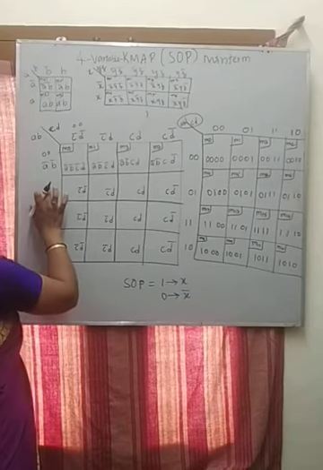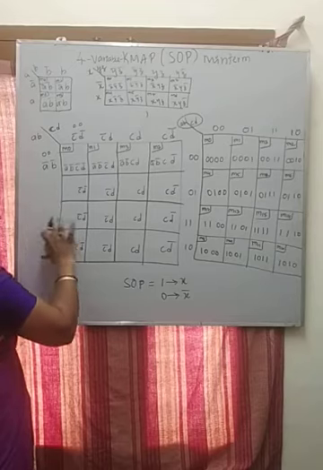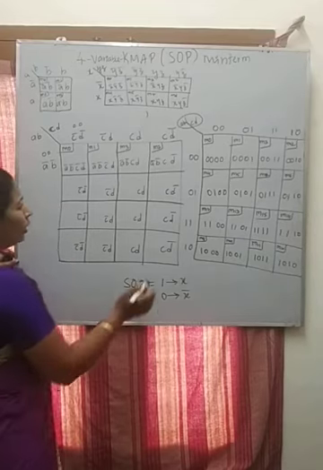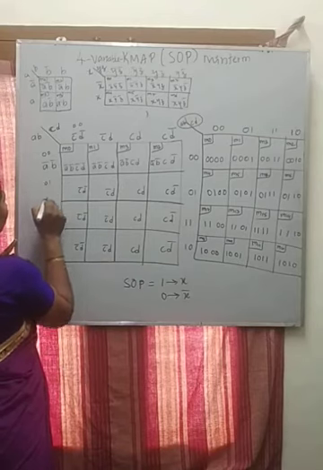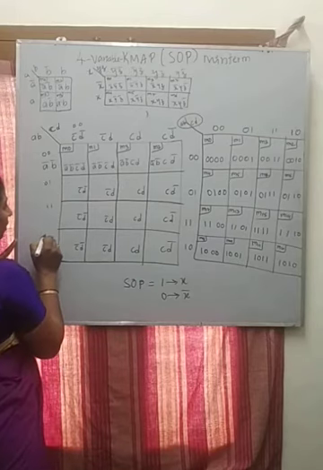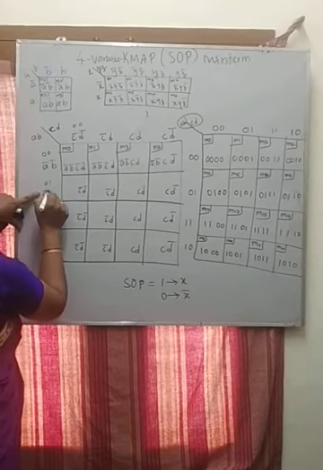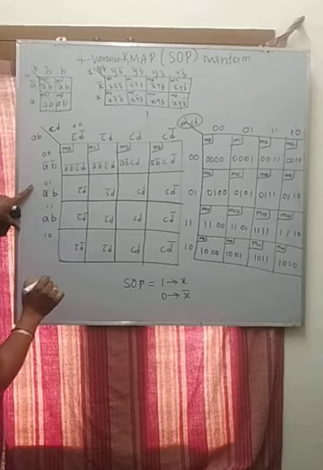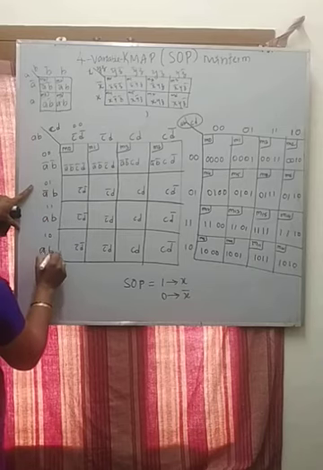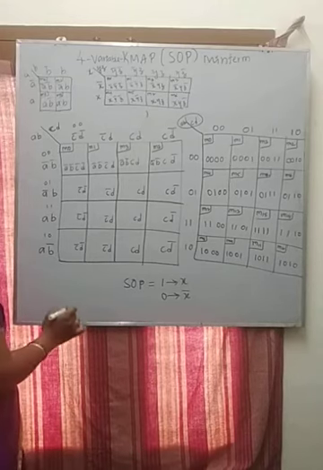Then we need to fill only the row headings now. Only the row headings, you can remember here. See, this is 0, 1. Here it is 1, 1, 1, 0. That means A is complement, B is uncomplement. A and B both are uncomplement. A is uncomplement, B is complement. Did you get it?